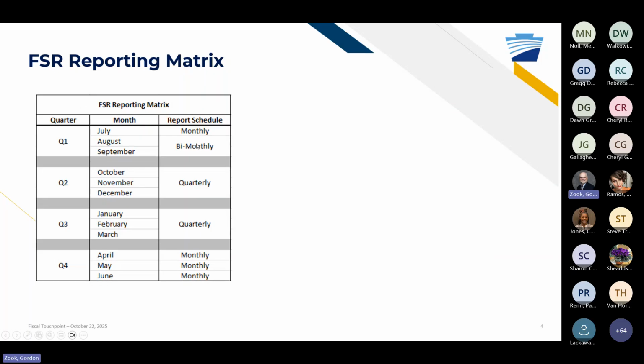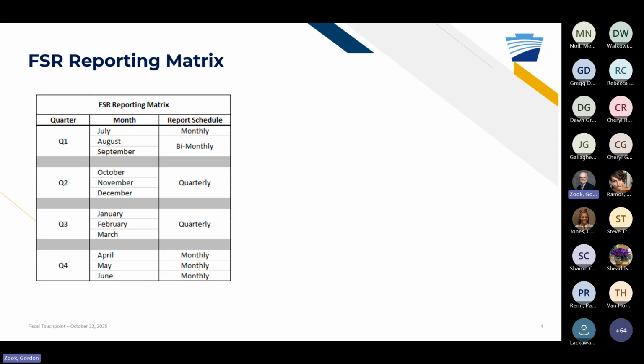August and September can be reported together. Q2, which is October through December, and Q3, January through March, can be reported as quarterly FSRs. Again, if you want to report monthly FSRs, you're fine to do that, but the requirement is at least quarterly for Q2 and Q3, and more frequently for Q1 and Q4.